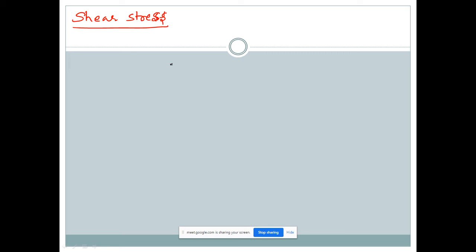So let us consider you have two plates here. These two plates are connected with the help of a rivet.